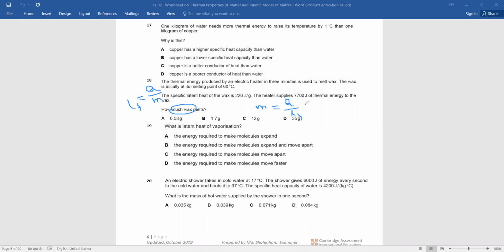Now Q, how much? 7700. And Lf you are getting 220, right?